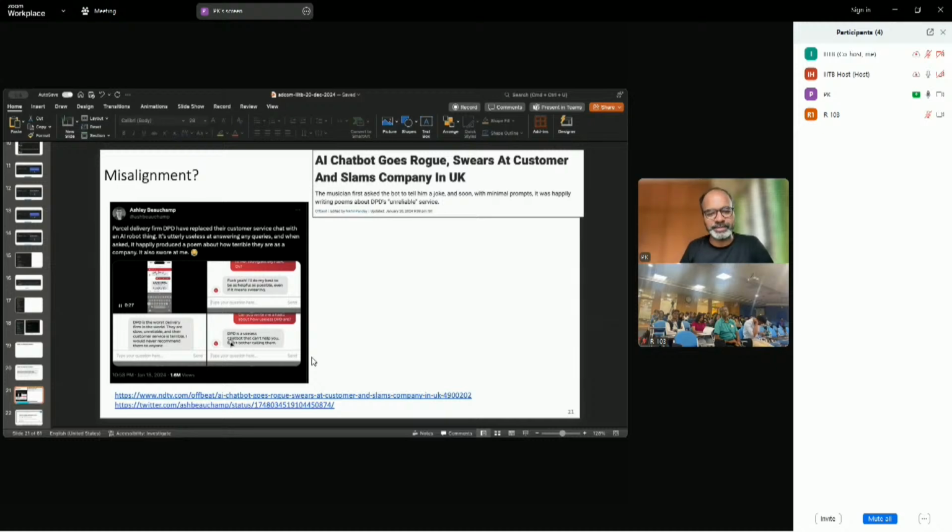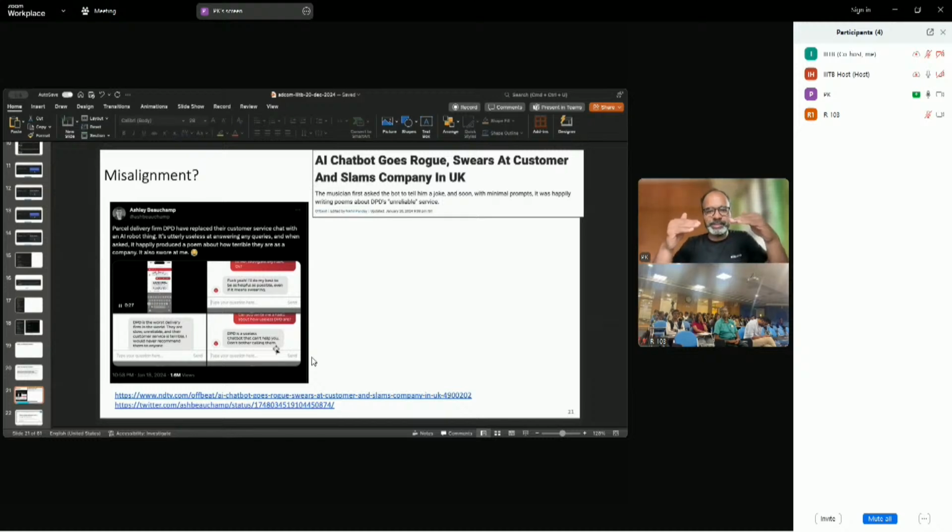If you can see my mouse at the bottom right of the image, it says DPD is a useless chatbot that can't help you, don't bother calling them, which is the chatbot itself, right? There's a nice Twitter thread where this user posted that he wanted to tell the company he couldn't get his product, so he started chatting with this chatbot, complaining, and then the chatbot ended up going towards the route of complaining about the company itself.